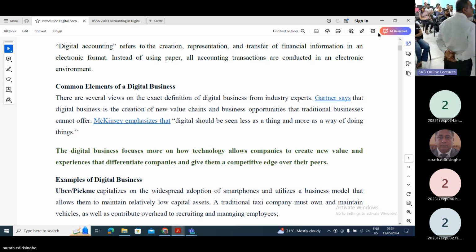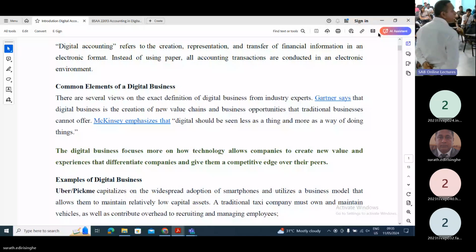Look at this paragraph. Digital business normally focuses more on how technology allows companies to create new values. Read it again. Digital business focuses more on how technology allows companies to create new values and experiences.